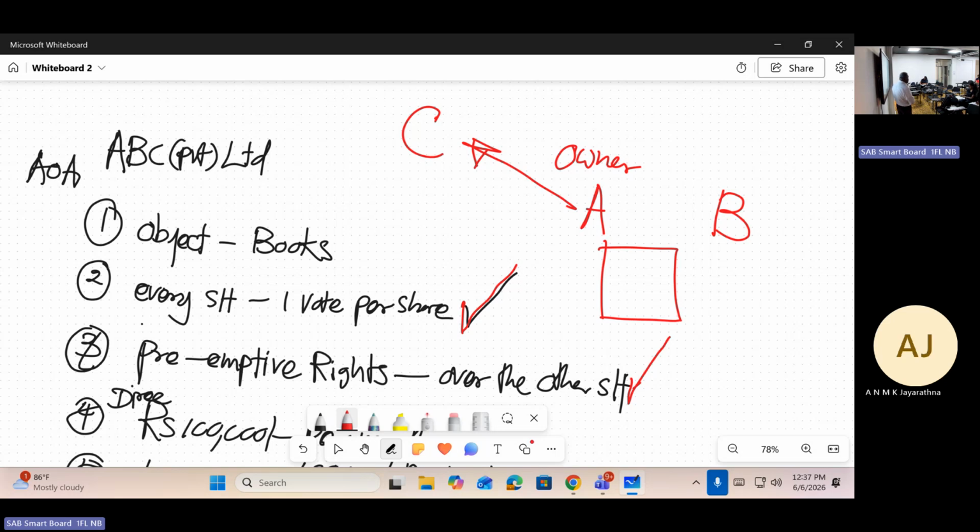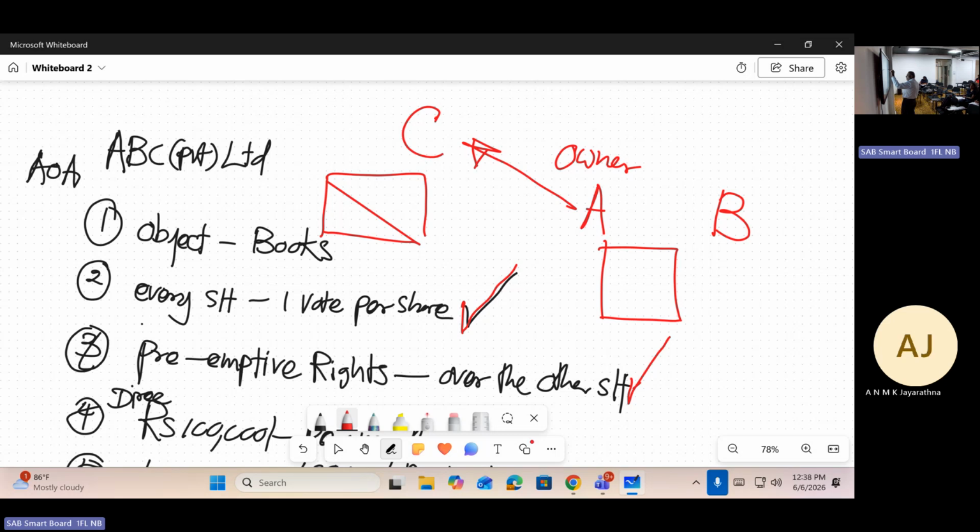Another preemptive right we can recognize is in the law of Thesawalamai. What is it? The law of Thesawalamai applies to certain areas, and according to it, this relates to properties.